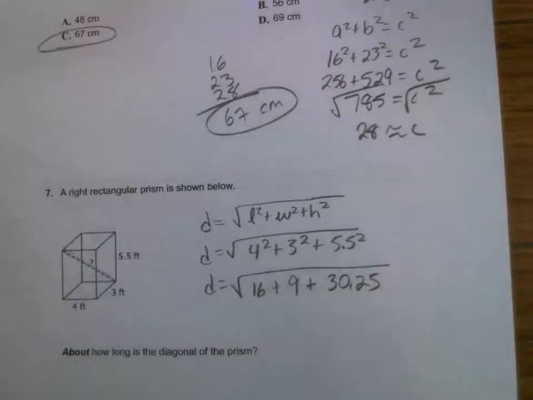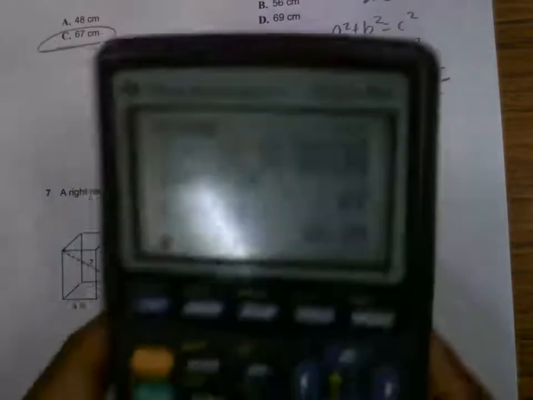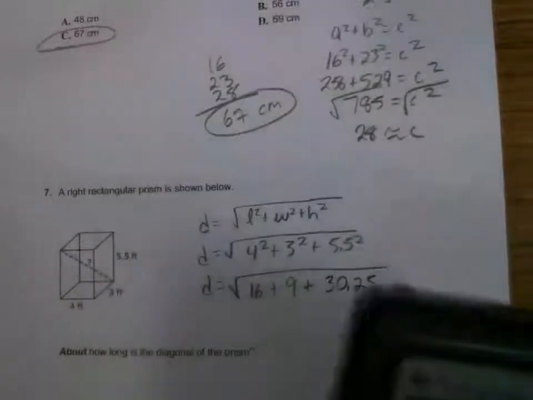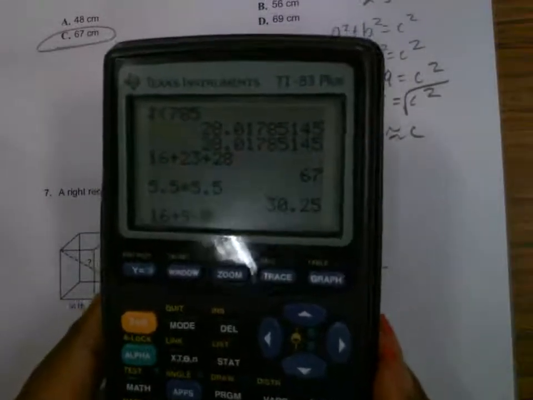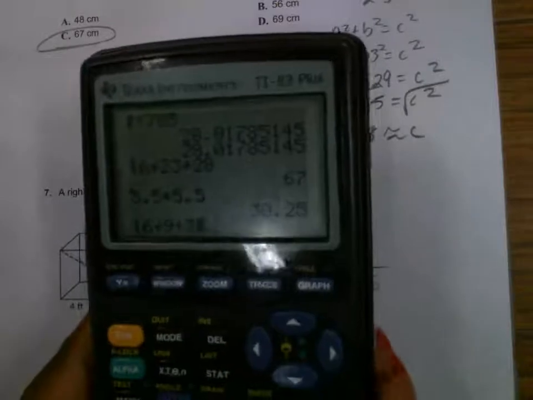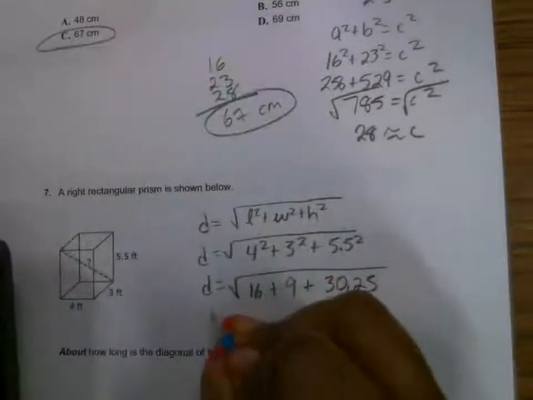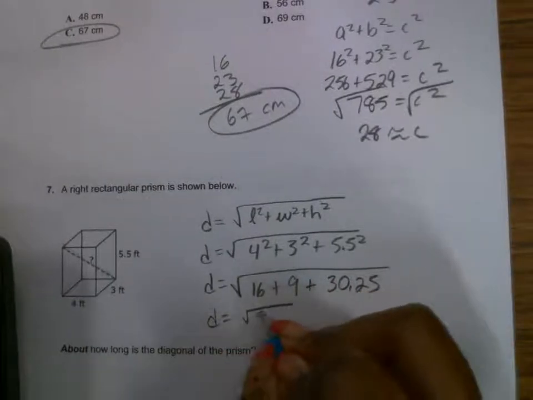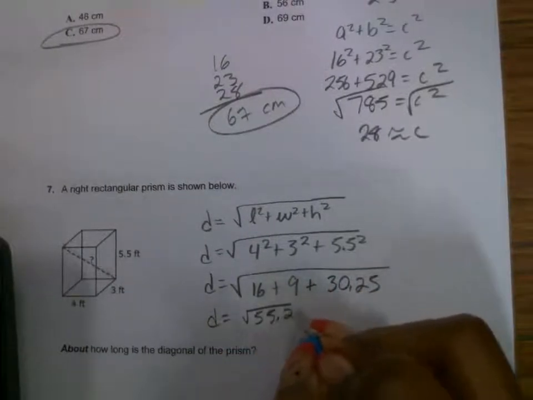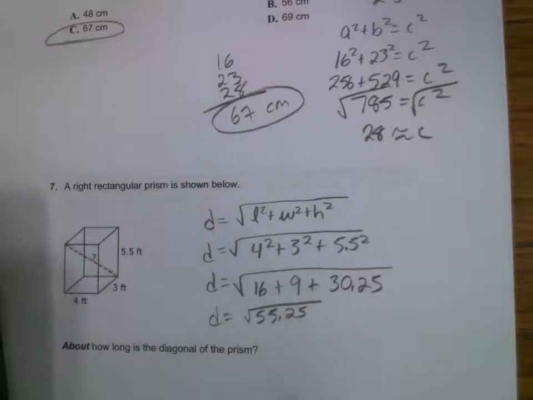30.25. So now let's add these together. That's 16 plus 9 plus 30.25. And that gives me 55.25. All right. So now let's find the square root of this.